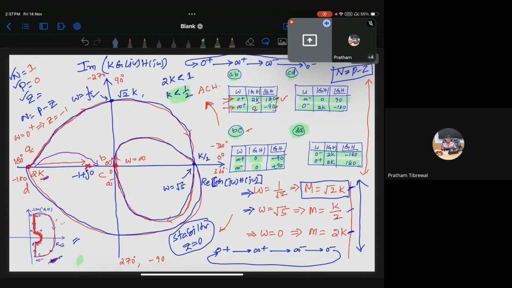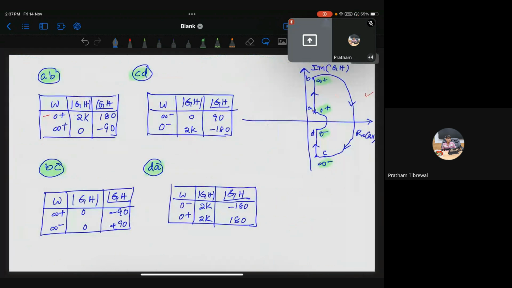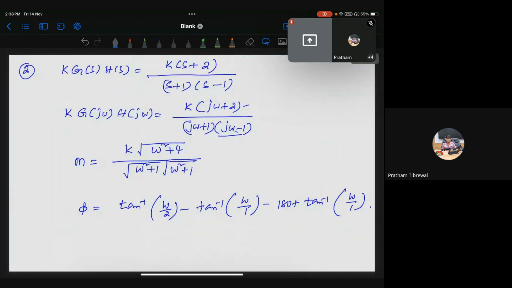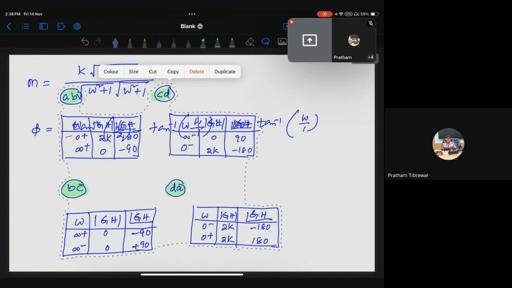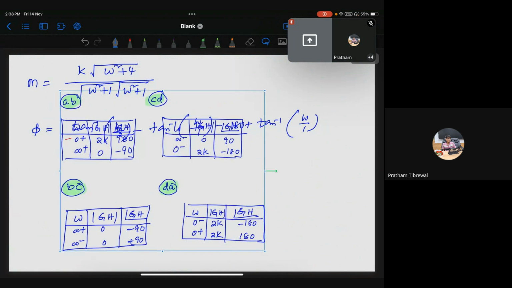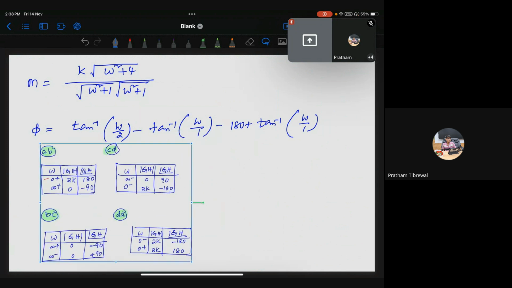To form the table, I'll take this table only, because most of the things are the same.